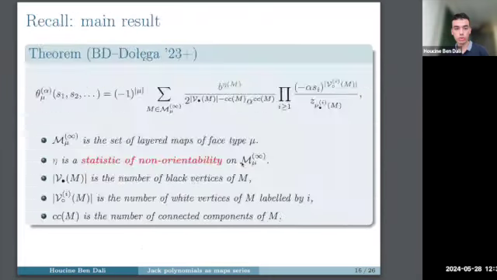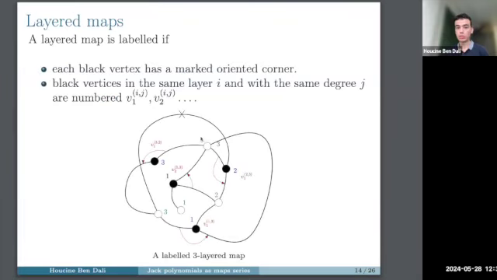This is related to the definition of vertex labeled layered maps. Each black vertex and white vertex has some layer from 1 to k. In addition to that, the black vertices are labeled in the sense that we have a total order on black vertices which are in the same layer and with the same degree.